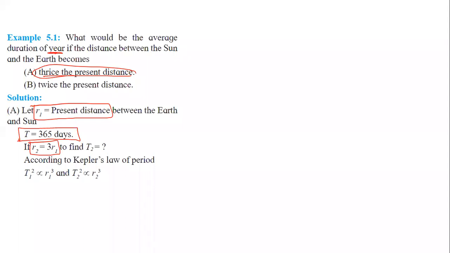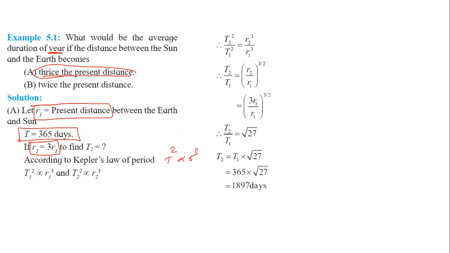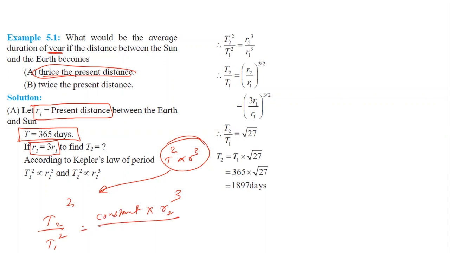Then by Kepler's law, T square proportional to r cube, that you know. By using that, you can write a formula. T square divided by r cube is constant, this is the basic formula, and by that we can write T2 square divided by T1 square is equal to constant multiplied by R2 cube divided by constant multiplied by R1 cube.